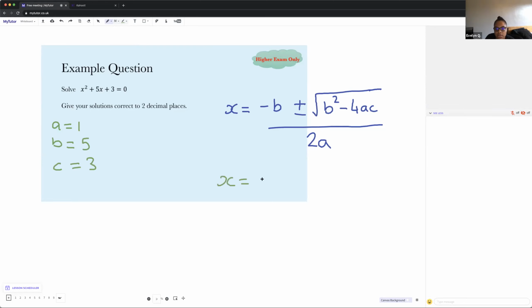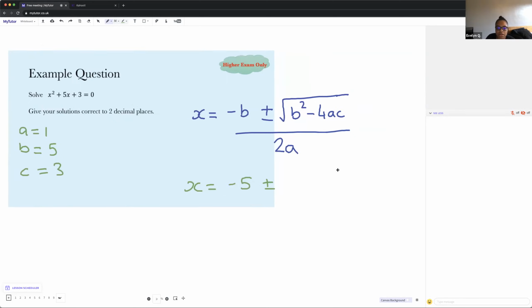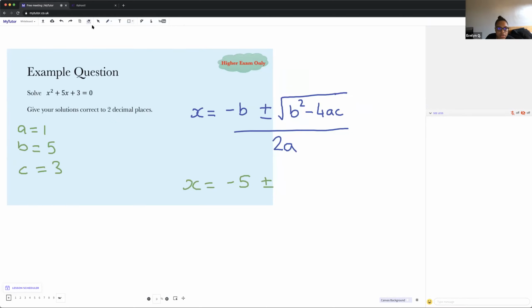So you've got x equals minus 5 plus or minus. What I'll do is I will separate the plus and minus, so it's easier to tell what I'm doing. So I've got minus 5 plus the square root of 5 squared minus 4, and I'm going to put this in brackets, 4 times a, which is 1, and c, which is 3, all divided by 2 times 1, which is just 2.